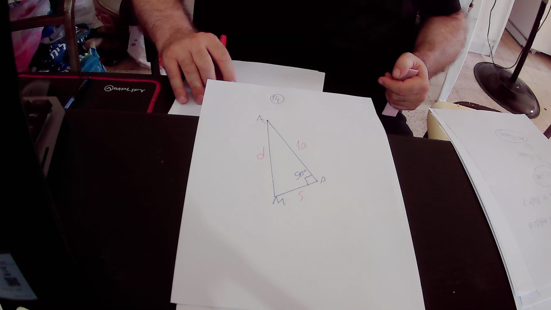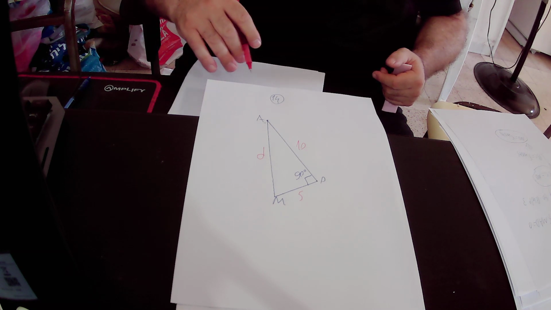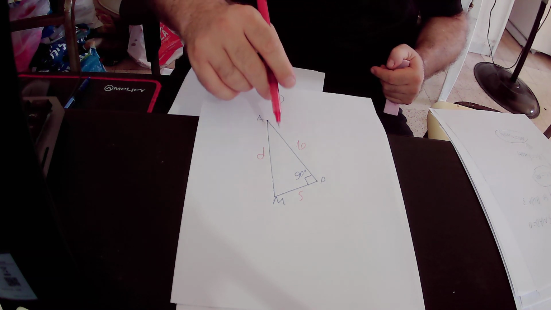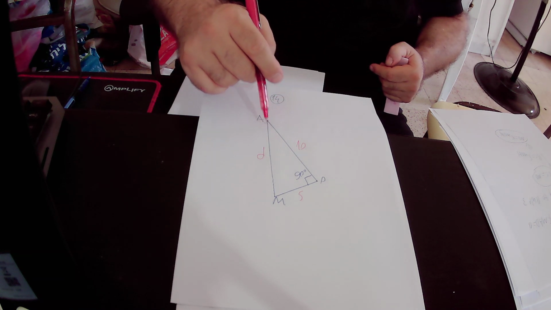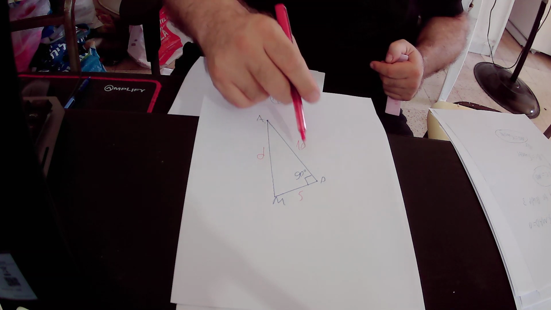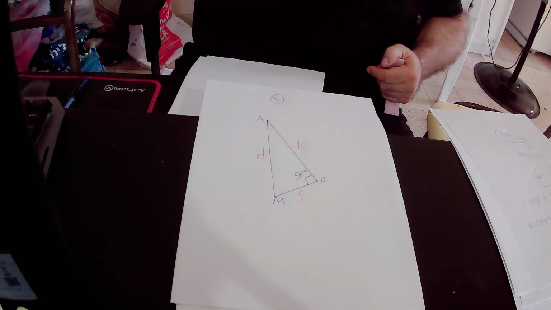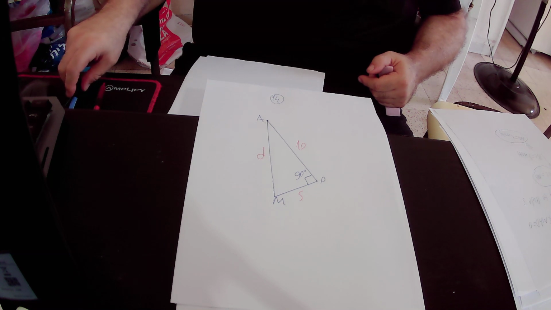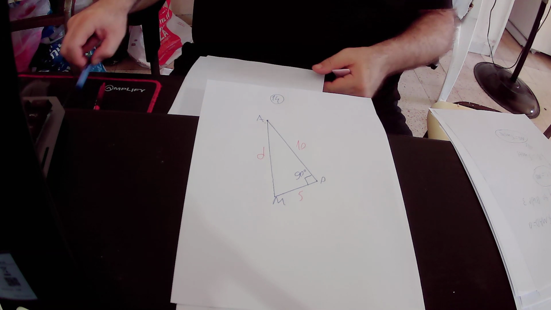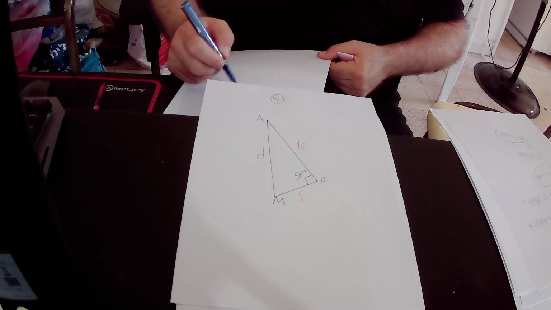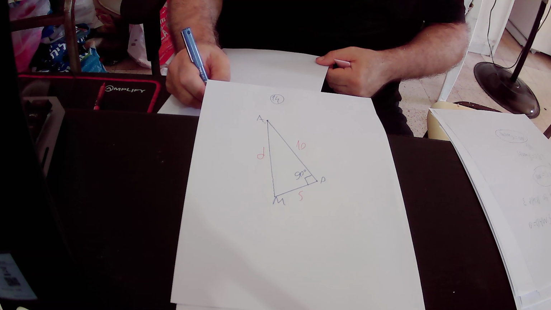Now we can implement the Pythagorean theorem in order to find the size of side D, which is also the hypotenuse of this right triangle. First of all, I will write down the Pythagorean theorem.